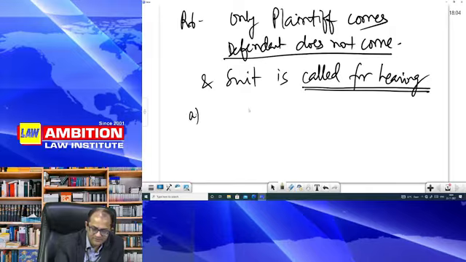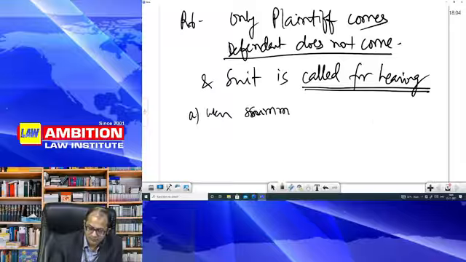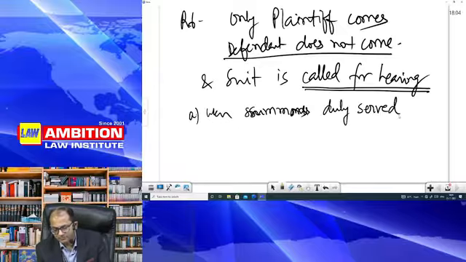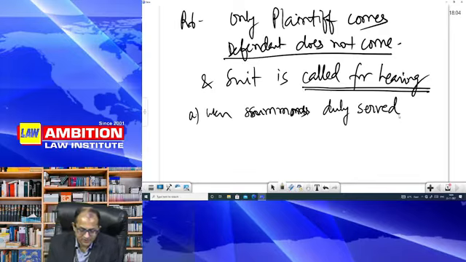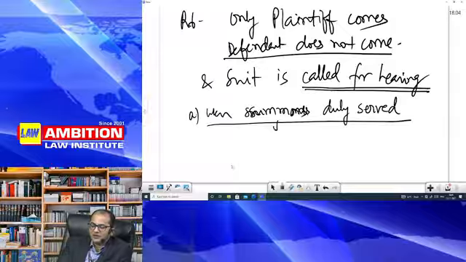When summons duly served, served and still he did not come. So now, common sense: a defendant has been duly told that there is a case against him and he does not come.